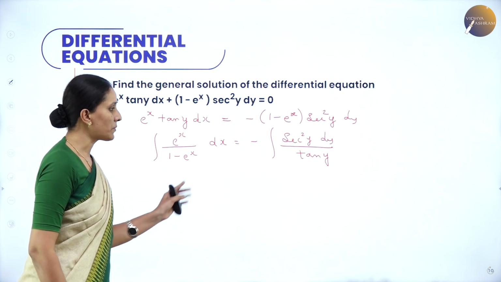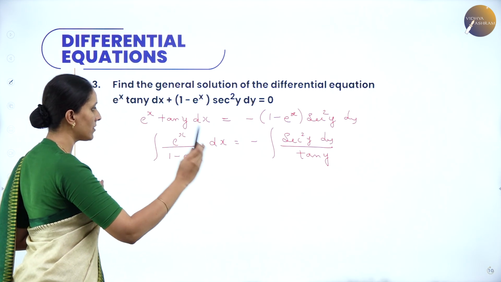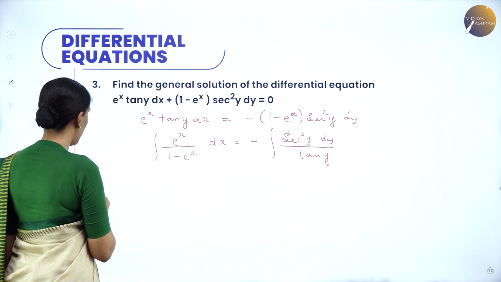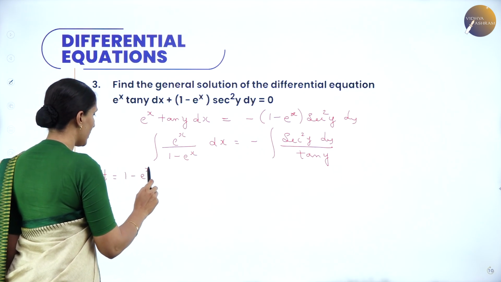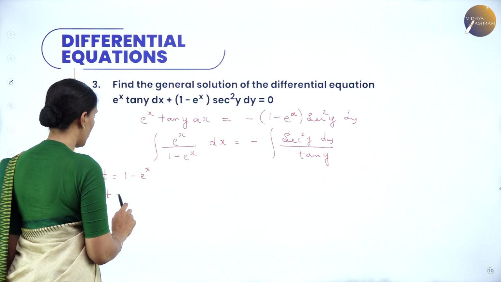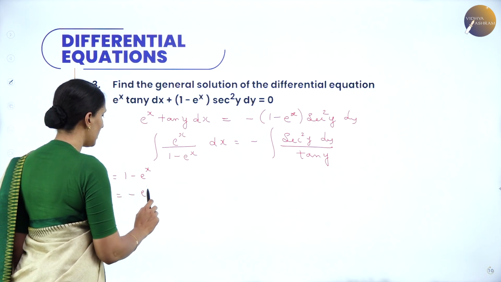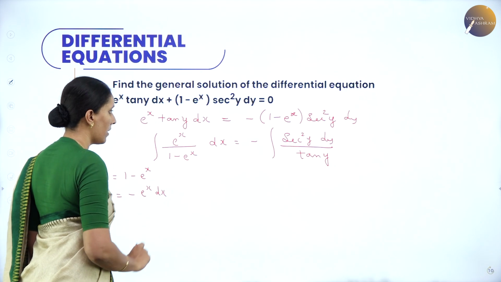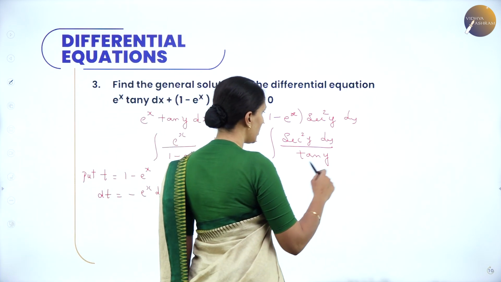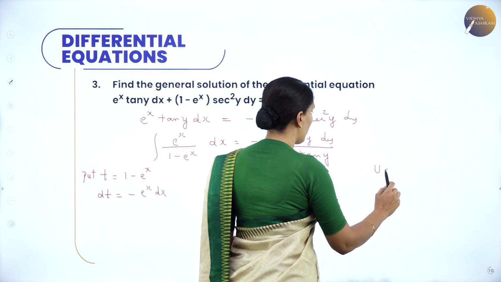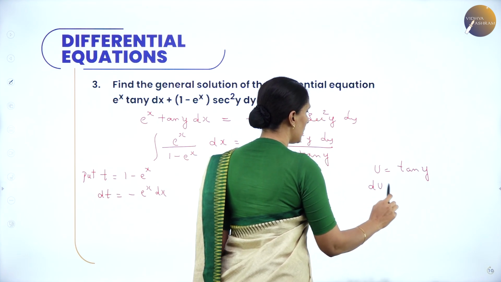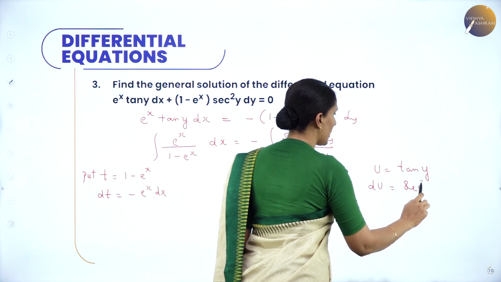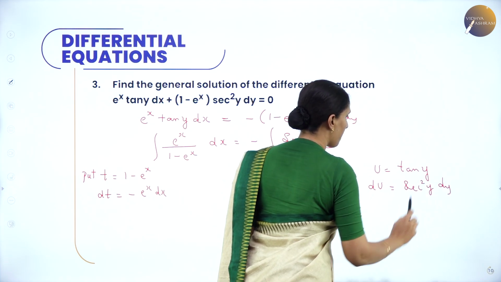Using the substitution method on both LHS and RHS, if we put t = 1 - e^x, then dt = -e^x dx. In the same way, if I substitute u = tan y, then du = sec² y dy.